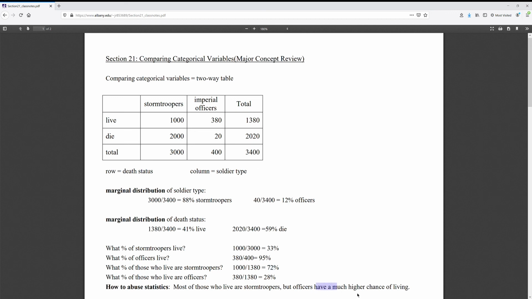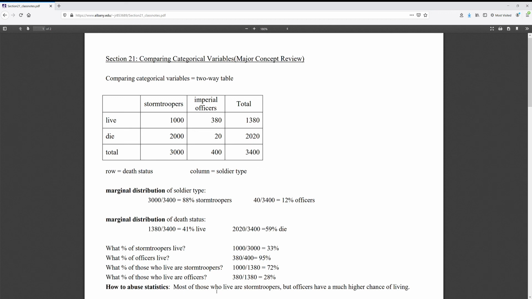Officers have a much higher chance of living. If we look here, of those who are alive, 95% of them are officers. We didn't compute it, but the remaining 5% would be stormtroopers. So if we pick somebody who's alive, there's a 0.95 probability that they're an officer. That's the correct way of looking at it.